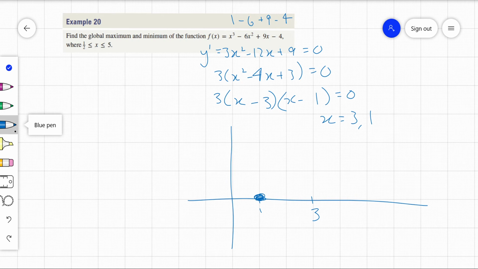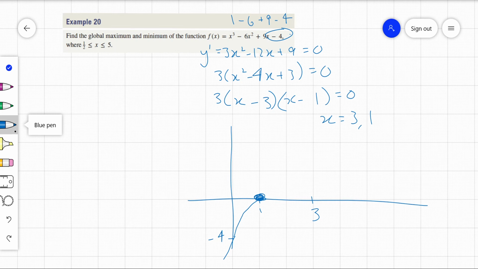And actually, if I put either side in, for example, if I put 0 in, we could just find the y-intercept, which is negative 4. So I know it's going to come down here and cross through at minus 4 anyway. I'm guessing that, but I could always check, for example, 2.